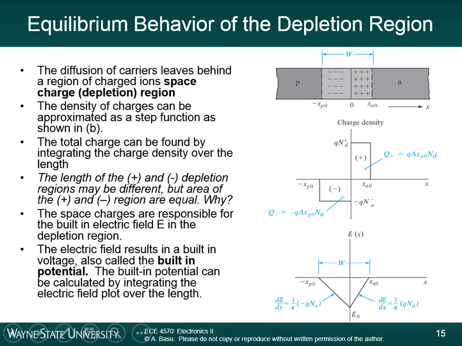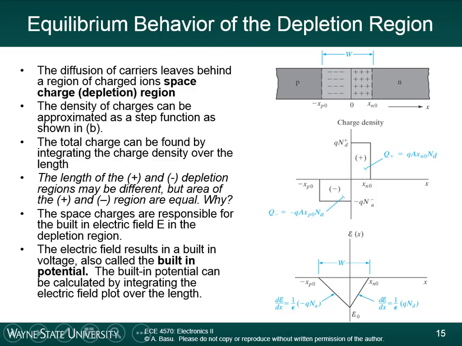This graph shows the charge density. The charge density is positive on the right side of the junction because you have these positive ions, and it's negative on this side of the junction. In the plot of the electric field, qualitatively, it reaches a maximum. Notice that the electric field is negative, because the electric field points from right to left.